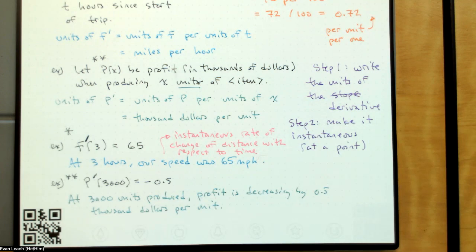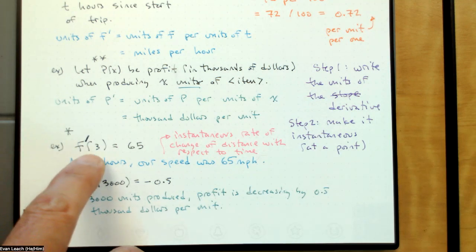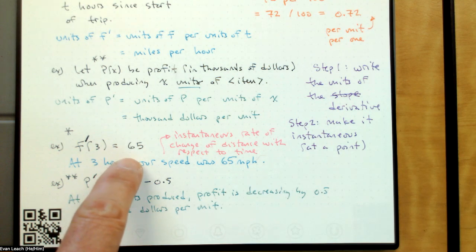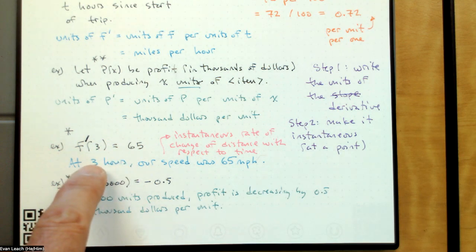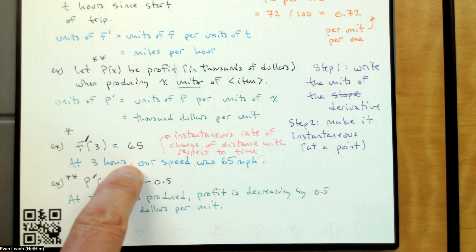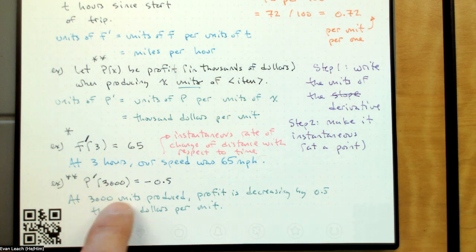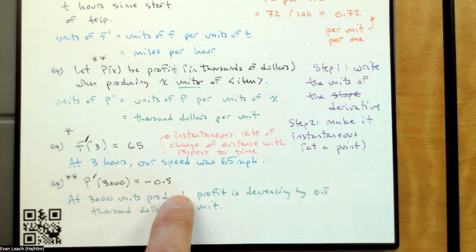The way we can interpret this is that if the input increases by 1, this is how much our output would increase by. So after 1 hour, if this continues, we will drive 65 more miles. If our production goes from 3,000 to 3,001, our profit will decrease by $500.